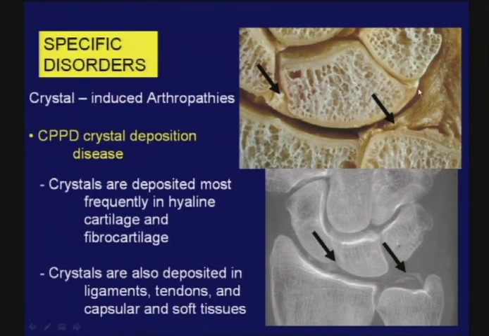And the involvement of these interosseous ligaments in the proximal carpal row is typical. Now, we're going to talk about these ligaments in great detail later in the course, but not for crystal deposition. This area in particular, sometimes the deposits occur here without deposits within the adjacent fibrocartilage. So always look here for areas of calcification.